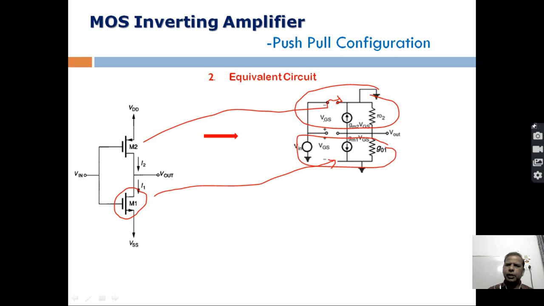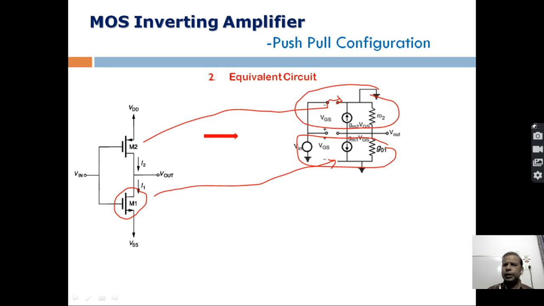The same thing is here, the equivalent circuit of M2: constant current source, output conductance, drain source conductance, and the input side is an open circuit because no input current is possible here. You see this VDD is grounded because when we do AC analysis, all DC sources are short circuited. So you see this is grounded.